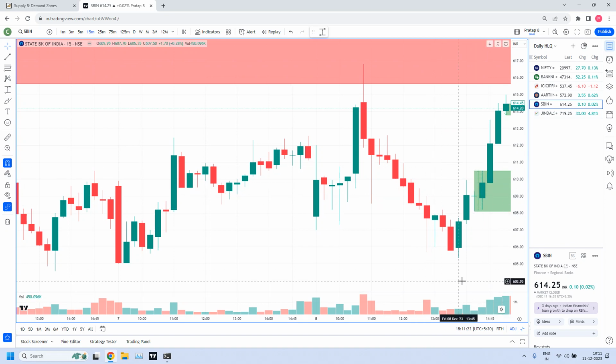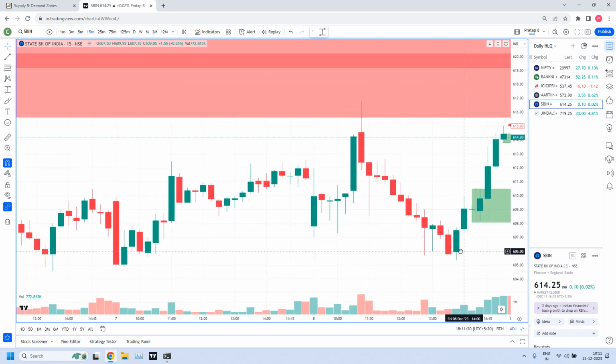But I have also sensed there is a possibility that, see, this is Friday's data. There is a rally candle and also there is a base candle. This is as per Friday's data. What could happen? Today, again a rally candle might be created in the morning hour. That possibility is there.